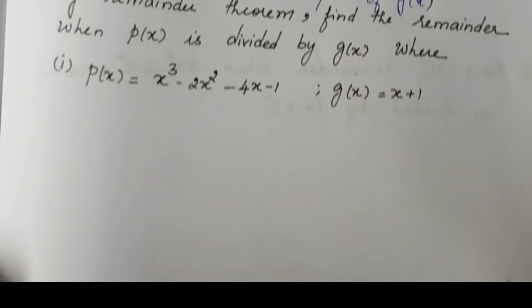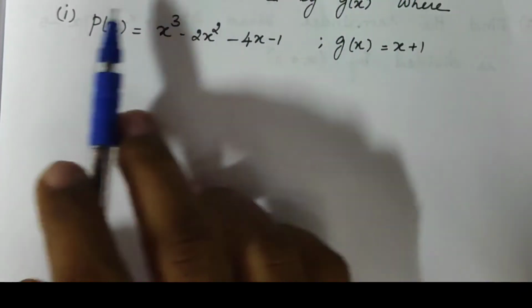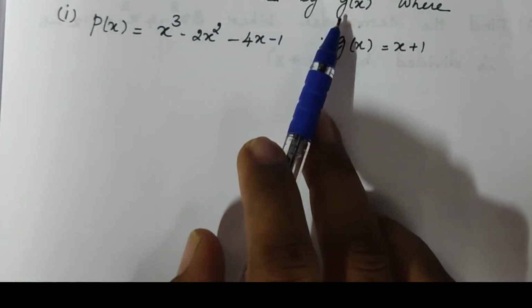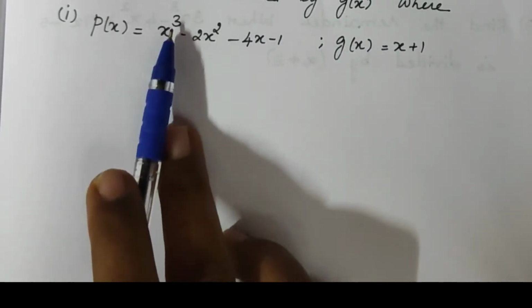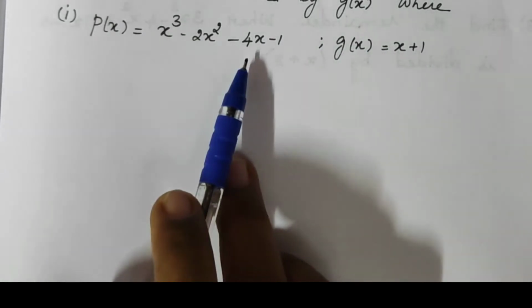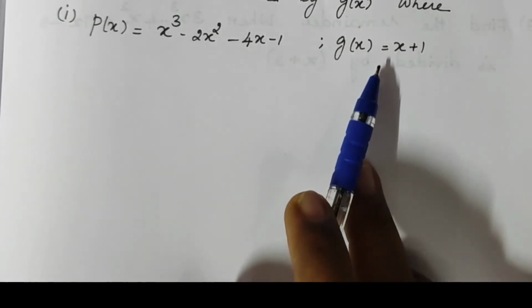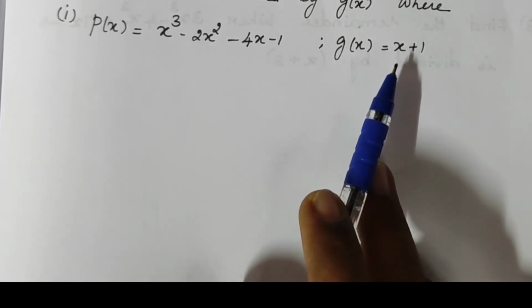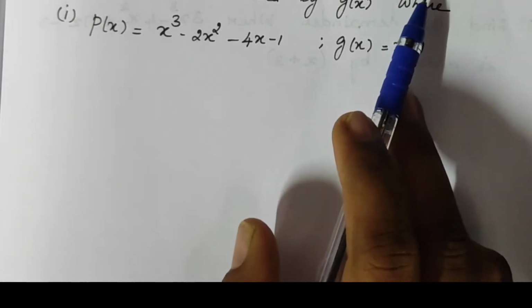Okay, second problem. By remainder theorem, find the remainder when p of x is divided by g of x, where p of x is equal to x cube minus 2x square minus 4x minus 1, and g of x is equal to x plus 1. Find the remainder.